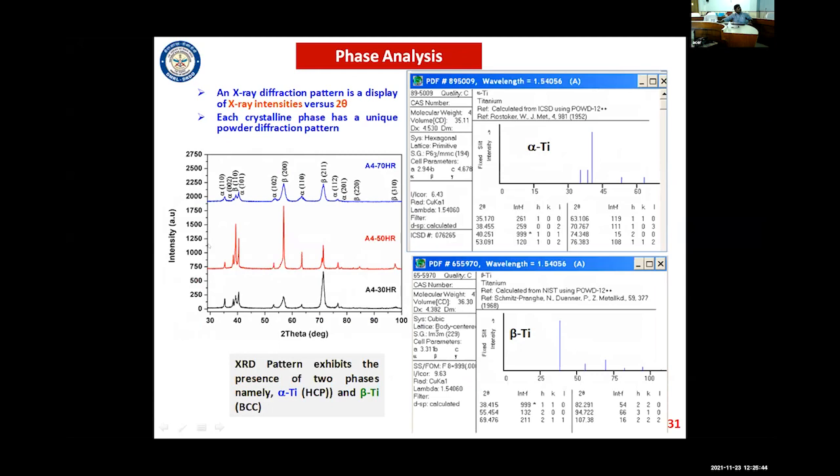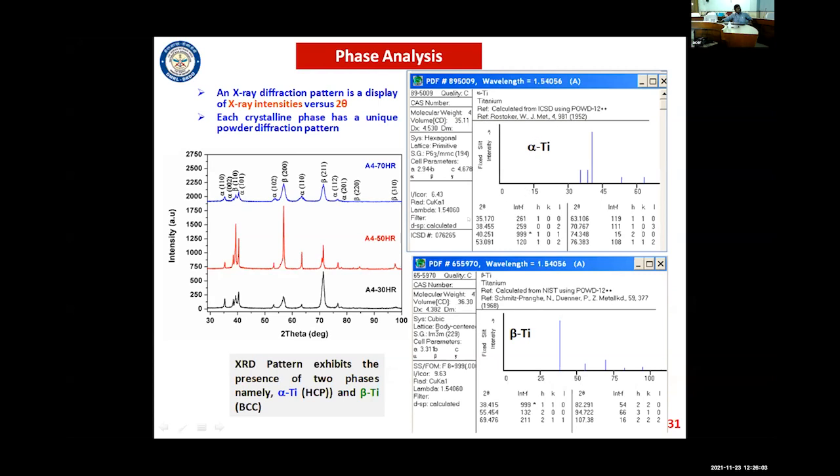After that, for alpha titanium, you look at the standard cards, the ICDD data, the International Centre for Diffraction Data, where you have the 2 theta values.